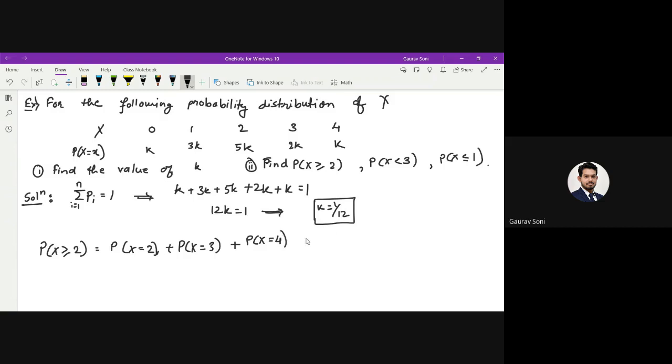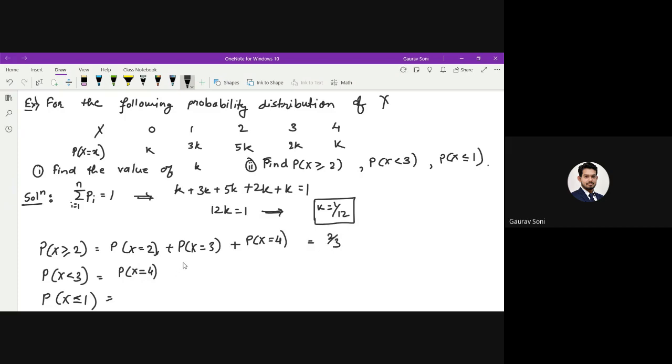Put the values, tell me the final answer. The answer is 2 by 3. Exactly.